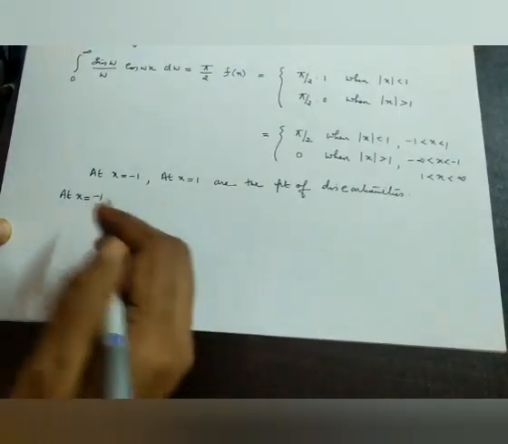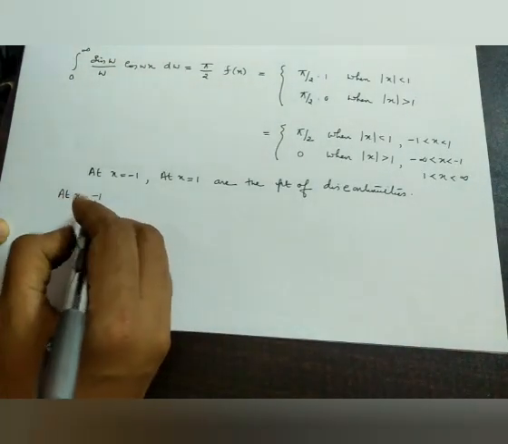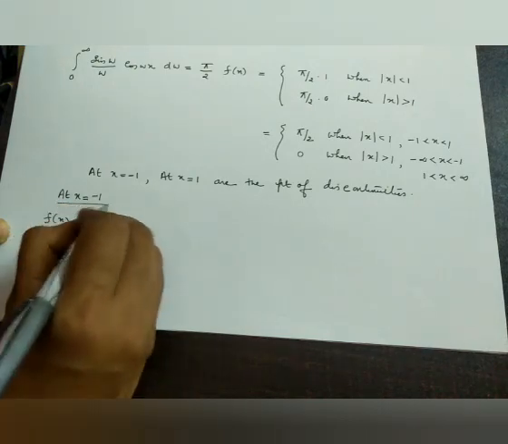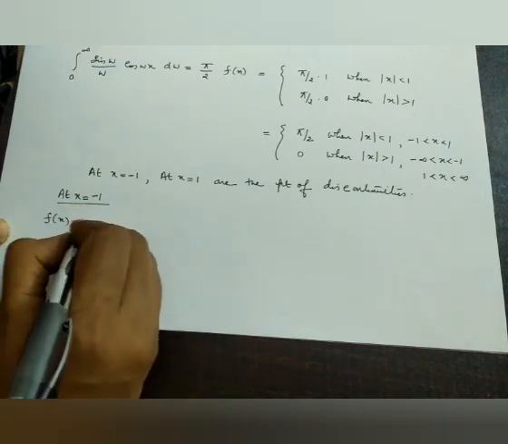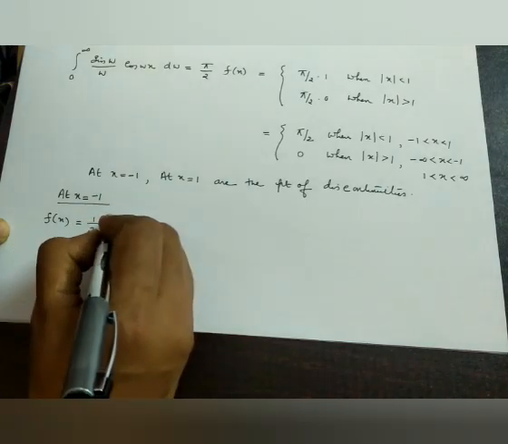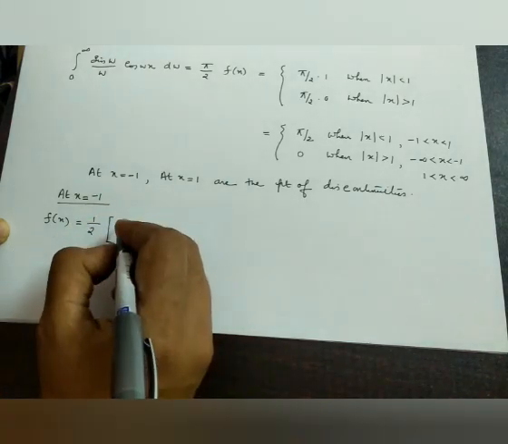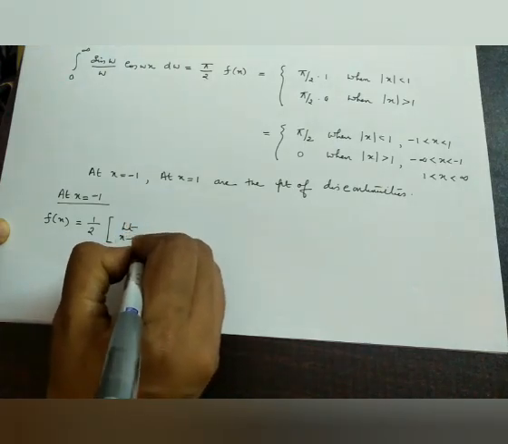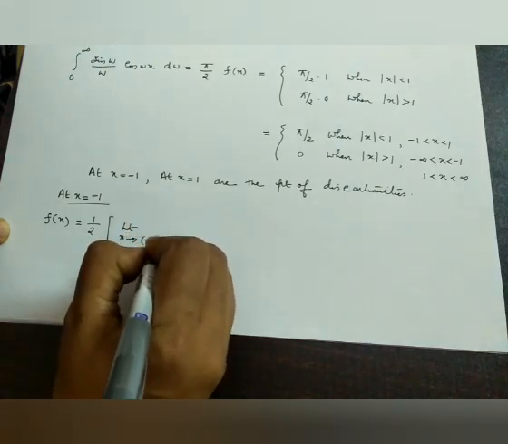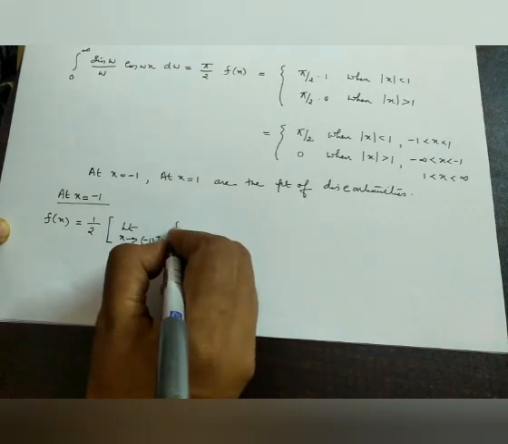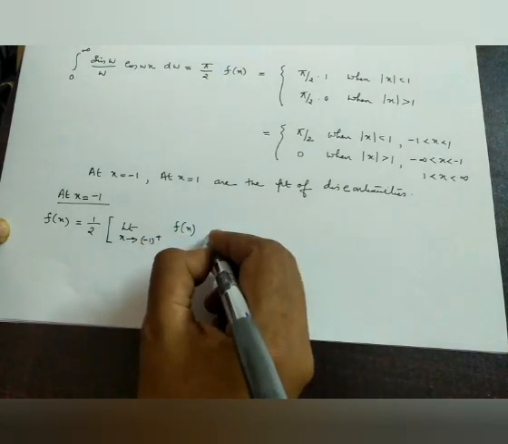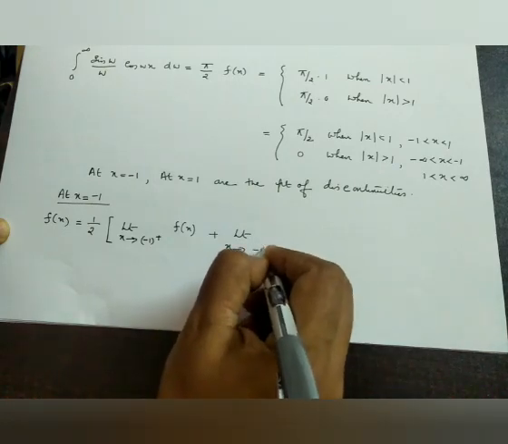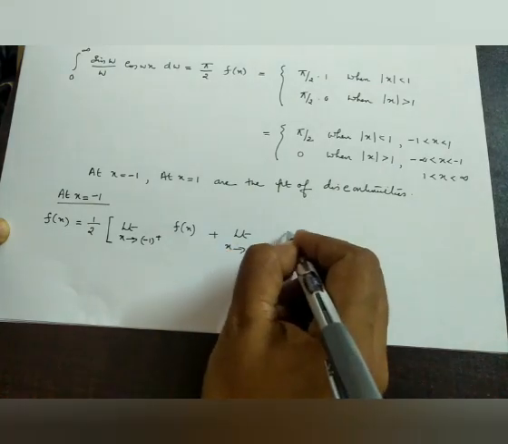First of all, at x equal to minus 1, the value of f of x is equal to the average of left hand and right hand limits. That is, limit of x tends to minus 1 plus f of x plus limit of x tends to minus 1 minus f of x.